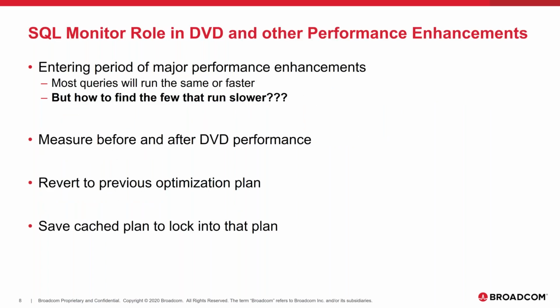Okay, I talked a little bit about the need for it, even more than it's been in the past, with regard to performance enhancements and changing the optimizer. And so I won't go into too much detail, except looking at some of the things we're thinking about. Maybe we need to measure the performance before this change and compare it with the previous version.